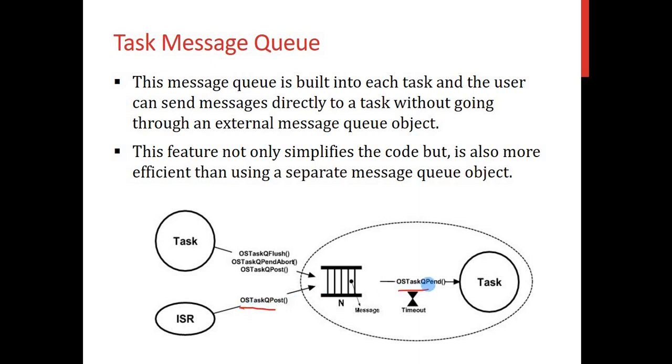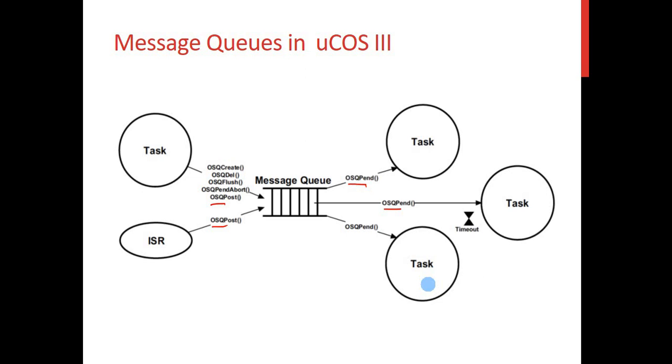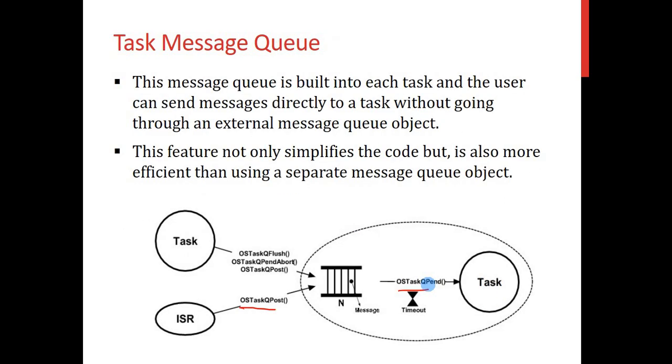OS task queue is actually a direct message passing context. If you recall, just now in message passing, we talked about direct and indirect naming mechanisms. This generic queue here is indirect because anybody can post to it and anybody can read from it. But this task message queue is very direct, that means one task specifically sending to another task.